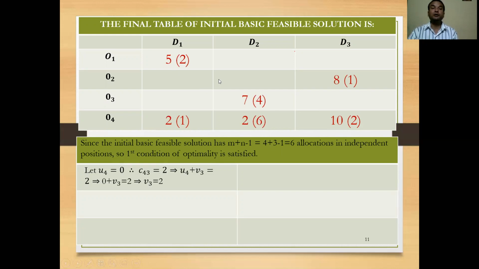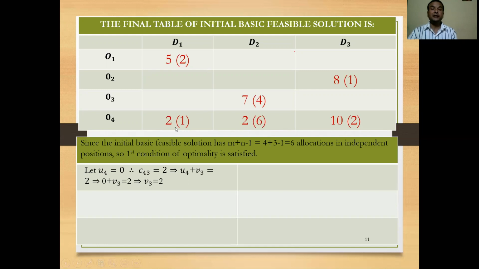Therefore, as I already told you, we find Ui and Vj from this table. So how to calculate or obtain Ui or Vj? In this case, first of all, we see the maximum number of allocations in any one of the rows.